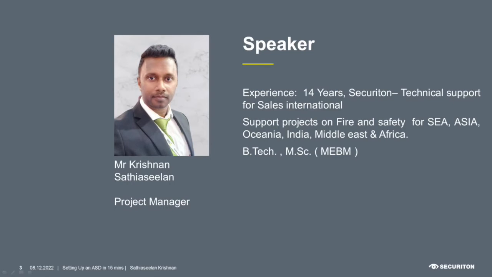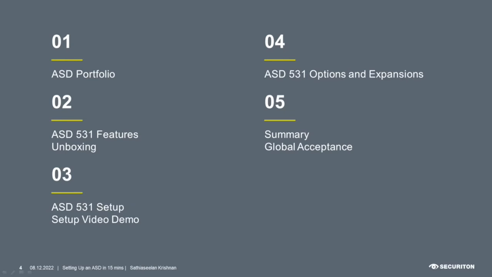Malaysia. And touching on the agenda for today, the topic that I'll be covering comprises 5 main topics. I will start with the ASD portfolio itself, which is the ASD 531. I'll explain in detail about the 531 and its features. On the second part, how you unbox it and what features you're getting from the 531.